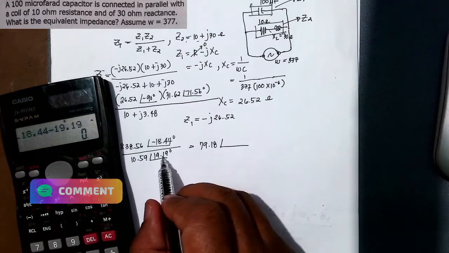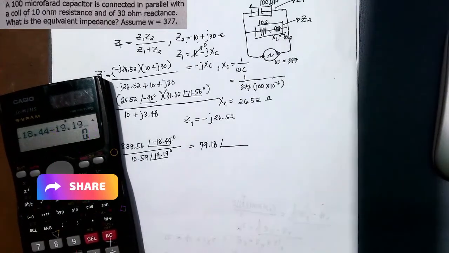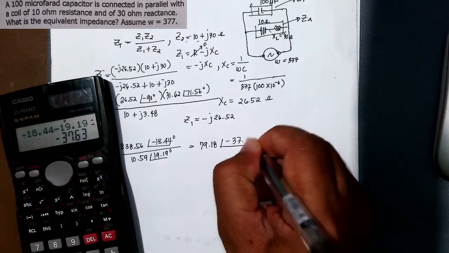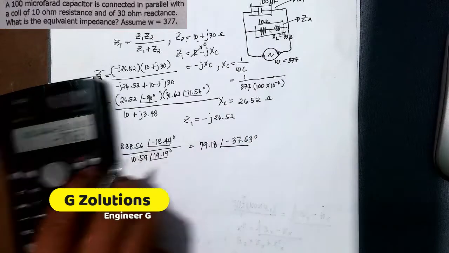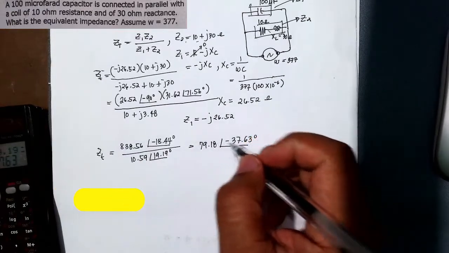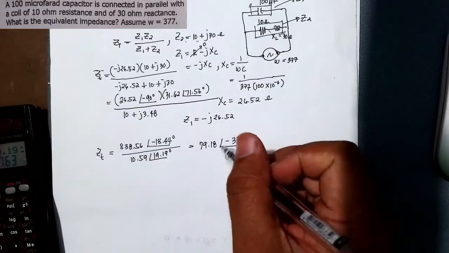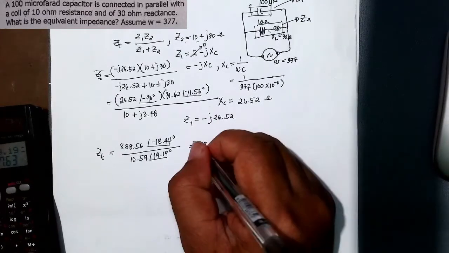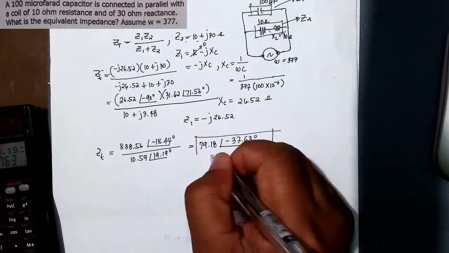This will change sign when you put it in the denominator, so it will be addition, so that will be negative 37.63 degrees. So actually, this will be your total impedance for this problem.